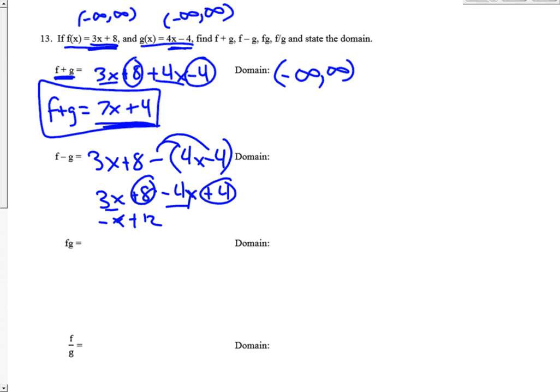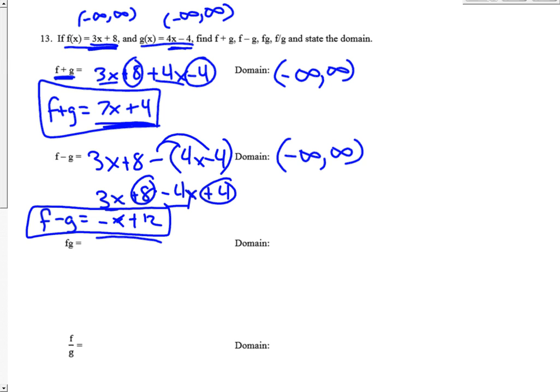So f minus g is equal to negative x plus 12. Again, for the domain, both of the initial expressions are all real numbers, and there's no restriction here, so our domain is simply all real numbers.